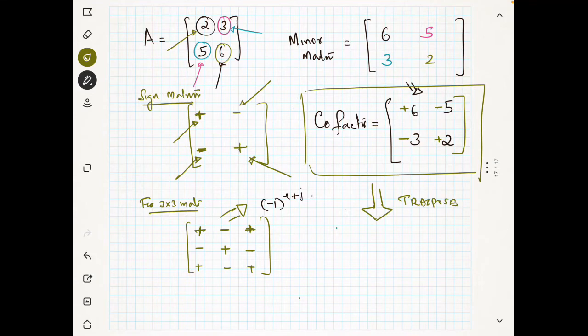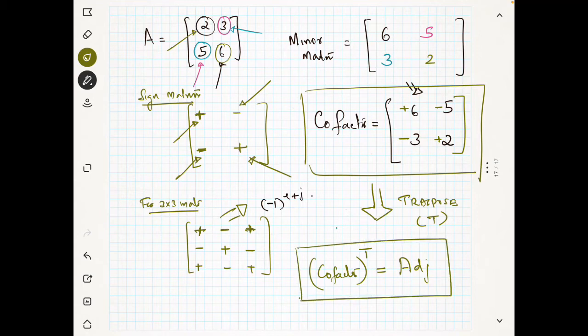Transpose, you might have heard about this. It is usually represented by the operator T. So this is the cofactor matrix. I will take the cofactor transpose, then we will call it the adjoint. This is very, very important.